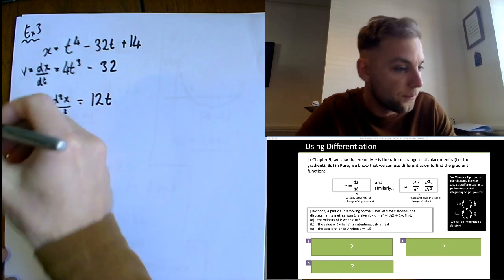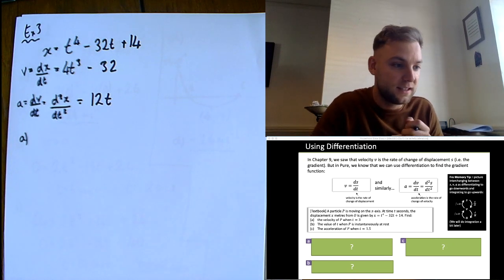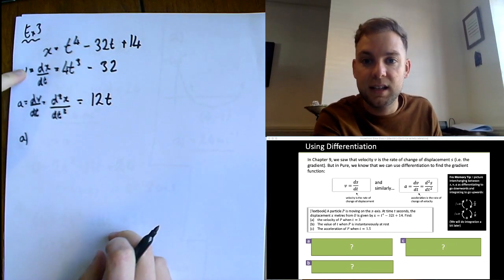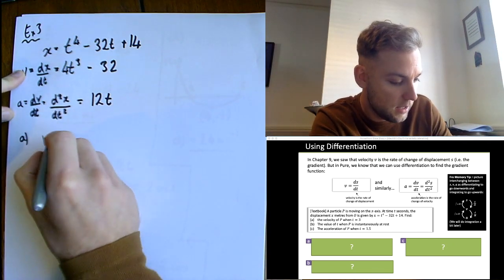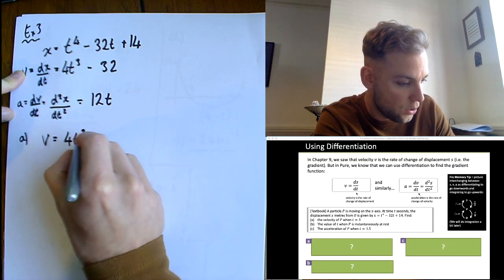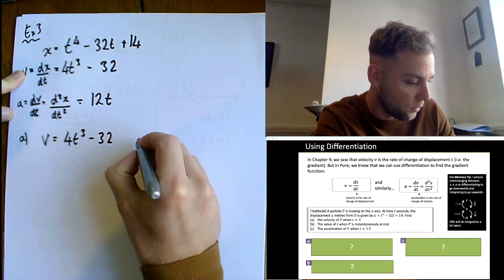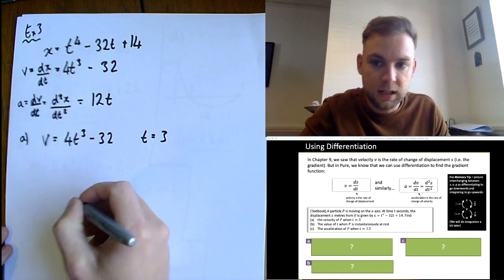So part A says, find the velocity of P when t is equal to 3. So I'm going to be using this velocity formula here. So the velocity is equal to 4t cubed minus 32, and I want it when t is equal to 3. So let's sub those values in.